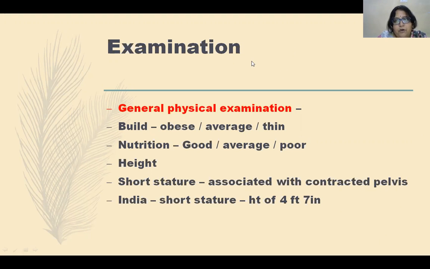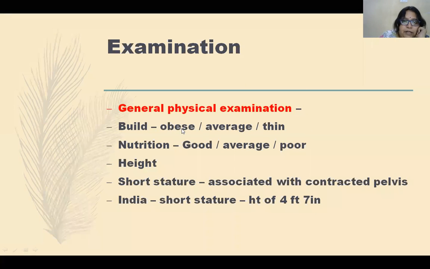Yes, conscious, coherent. You have to know whether the woman is conscious, coherent. How is her build? Moderately built or moderately nourished. Whether she is obese, average, thin. Because obesity is associated with hypertension, diabetes, and some other diseases.